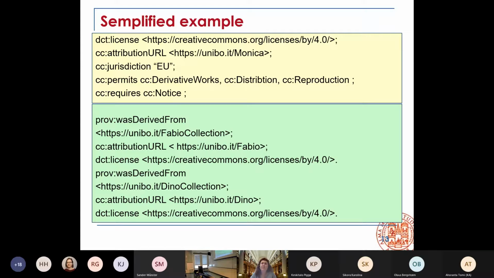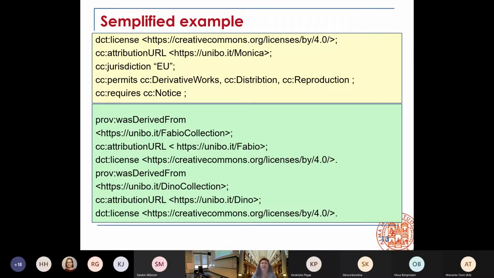And the techniques presented by Fabio are very important for relating the assertions to each other in the correct way, because now the Creative Commons assertion is flat and can say that the dataset resulting from the mixing is mine, and no one can check the correctness of this assertion.